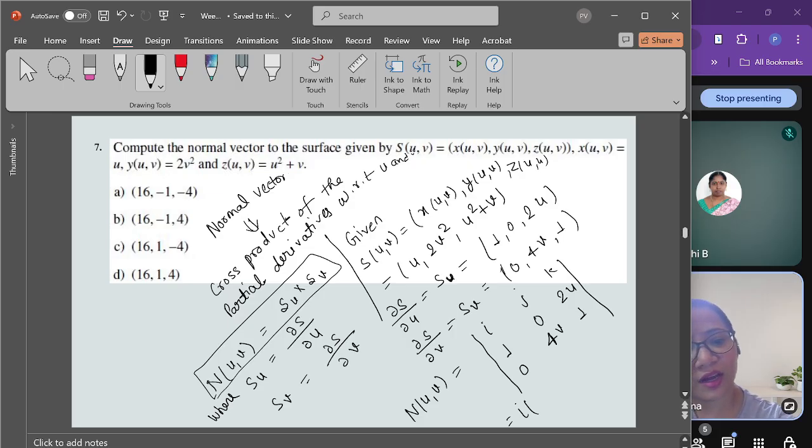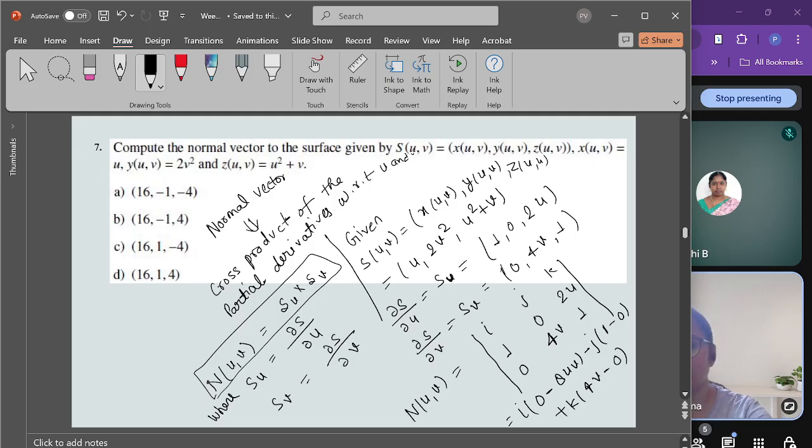So here i is 0 minus 8uv, right? Minus j is 1 minus 0, right? And plus k is 4v minus 0.